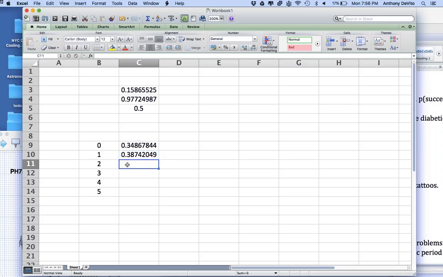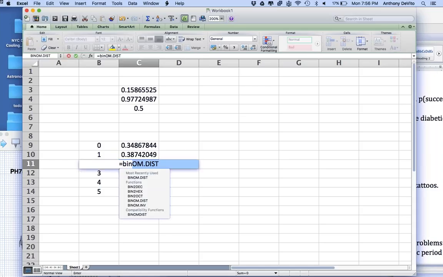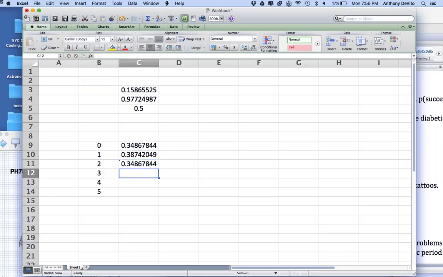How about I do it now for 2, except I'm going to do a little trick here. Equals binom.dist, parentheses. Now for number of successes, instead of typing in the number 2, I'm going to give it that cell, B2, comma, the number of trials is 10, comma, the probability of success is 0.1, comma, false, and hit enter.